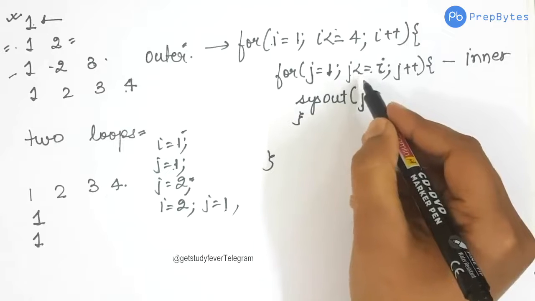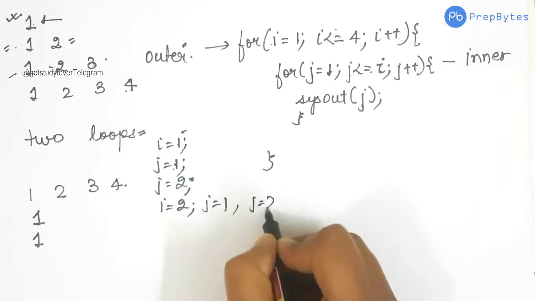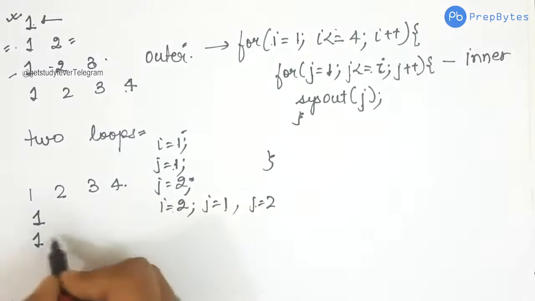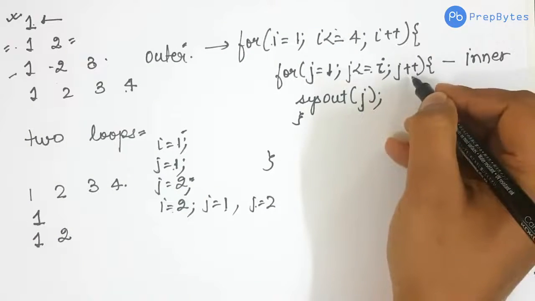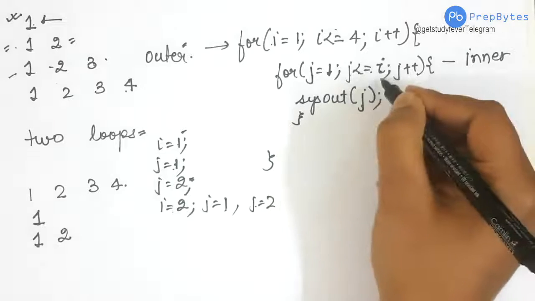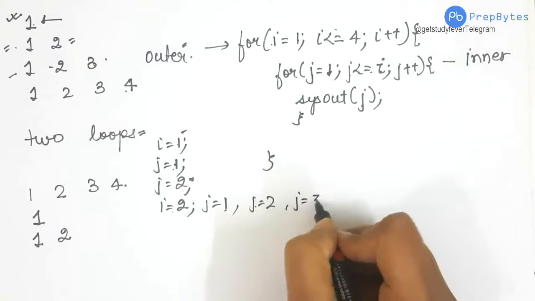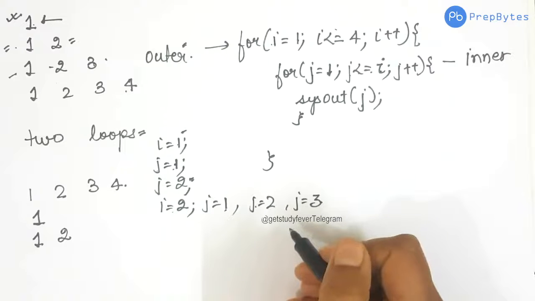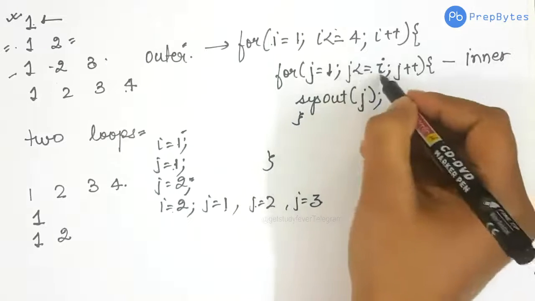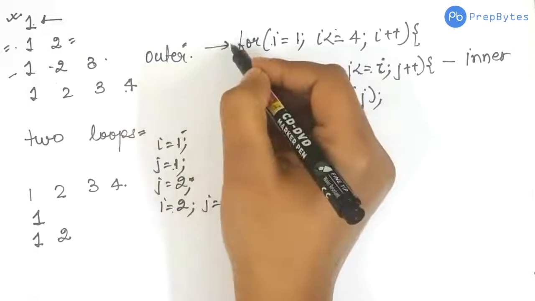Yes, j is equal to 2 and i is equal to 2, so this gets printed. Now j increments again and the condition is checked. Now j has become 3 and is not less than or equal to i. So this becomes false. We again come back to the outer loop.